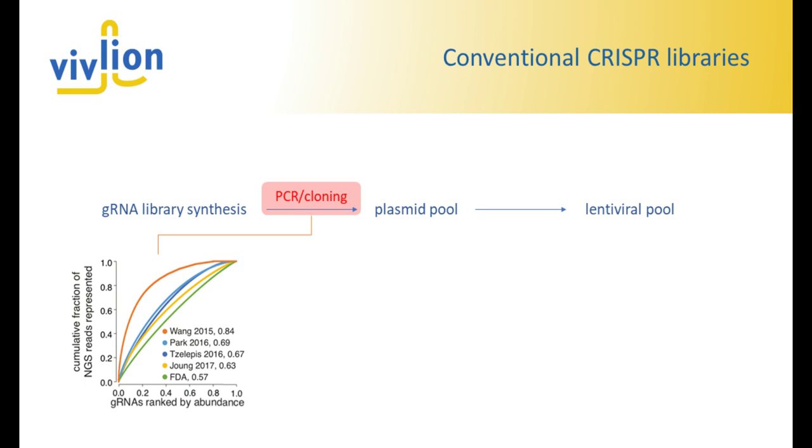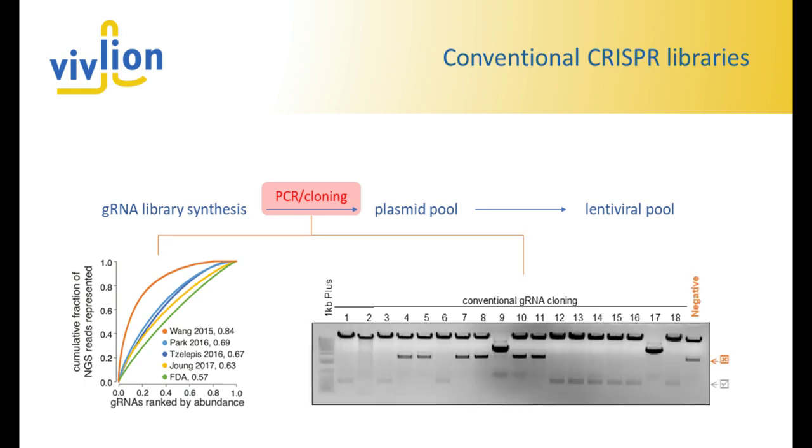The other thing, besides the distribution disadvantages due to PCR that I already mentioned, are cloning artifacts, and this is exemplified here by a pooled ligation reaction using conventional methods. What we observed is that only roughly half of the clones that we picked from a plate, Sanger sequenced, and verified by the digest that you can see here were correct.